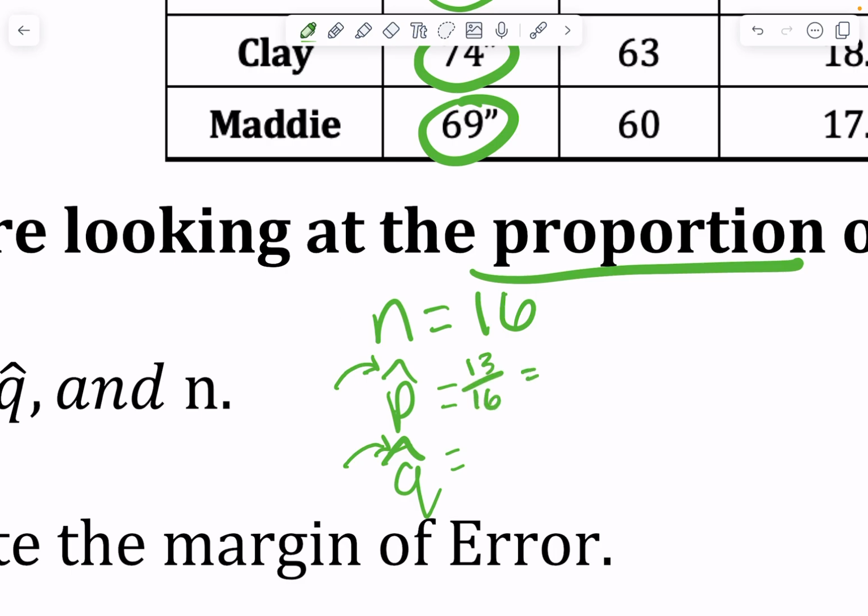13 out of 16, hold on, I need a calculator. 13 out of 16 is 0.8125. That means if I subtract, q hat would be 0.1875. So we'll use those numbers for p hat, q hat.